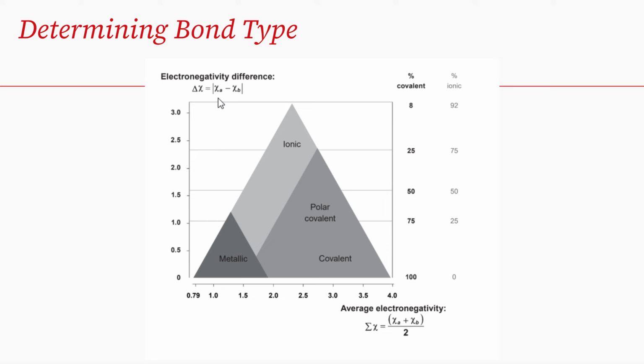So you take the electronegativity of the higher one minus the electronegativity of the lower one, and look where that puts you on the difference. Then the x-axis is the average electronegativity. So you add both of them together, and then you divide by 2 to find their average. Then you compare where it is on both sides, and wherever that point is, that is what type of bond it is. And those types of bonds are ionic, polar covalent, non-polar covalent, and metallic.